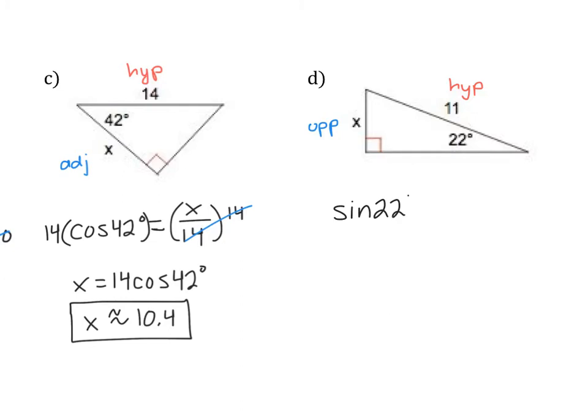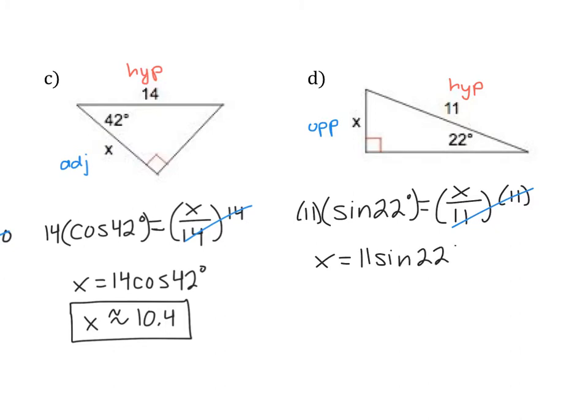Sine of an angle is always the opposite over the hypotenuse, so x over 11. And then we can multiply both sides by 11 to solve for x. X equals 11 times the sine of 22 degrees. Plug that into your calculator to get a decimal approximation. That side length x is approximately 4.1.